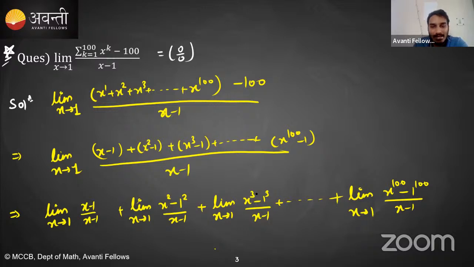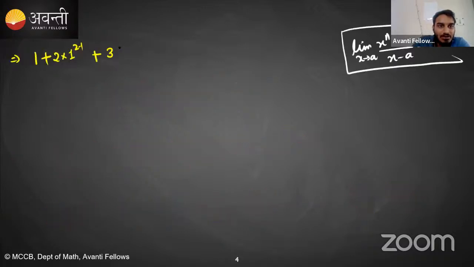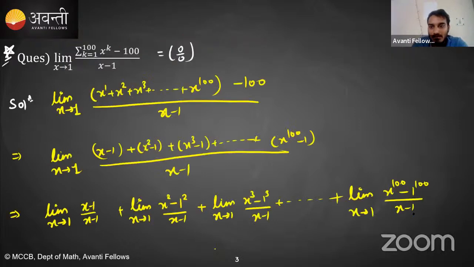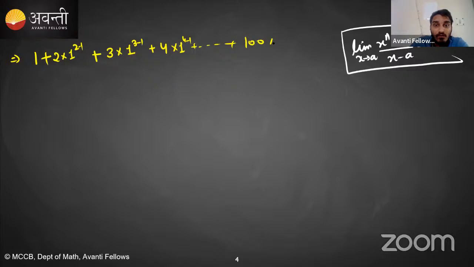What is n? n is 3. So 3 into 1 raised to the power 3 minus 1, plus similarly 4 into 1 raised to the power 4 minus 1, up to 100. In the last limit, n is 100. So 100 into 1 raised to the power 100 minus 1.